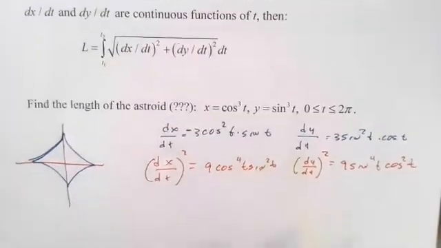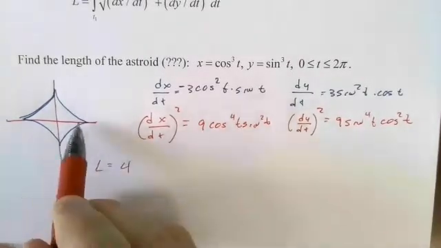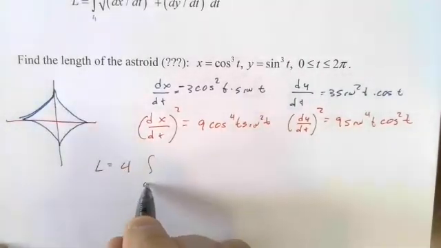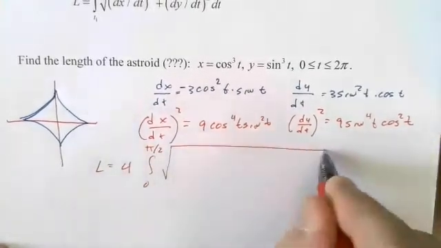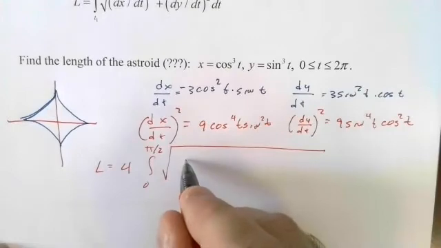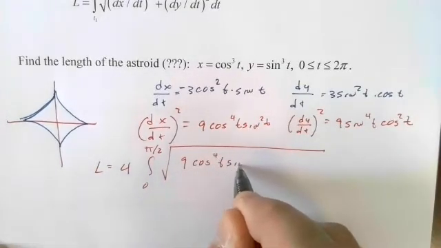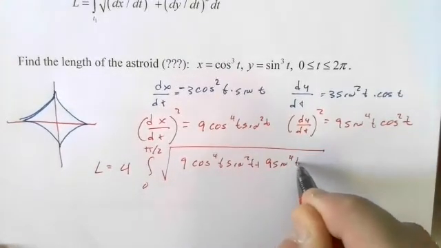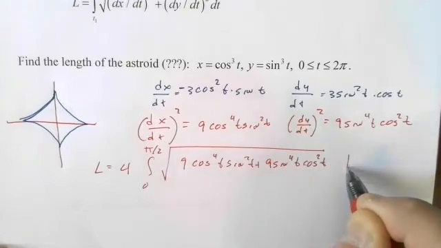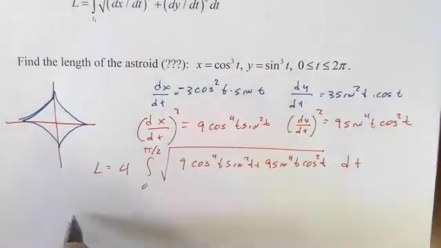Alrighty. The length is 4 times, because we just did 1 from 0 to pi over 2, the integral of the square root of 9 cosine to the fourth t sine squared t plus 9 sine to the fourth t cosine squared t dt. Holy heck. Now, hang on a minute.